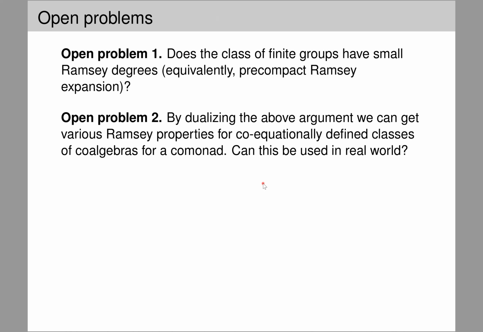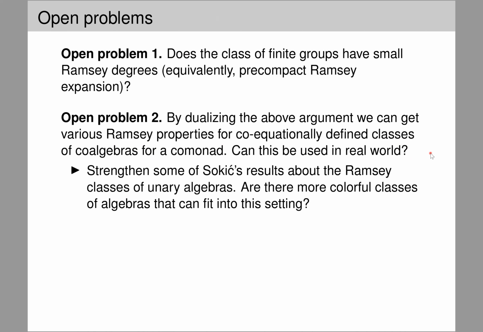Now, can this be used in the real world? I haven't done this properly because I haven't found a reasonable application in the real world. But I would really like to see whether co-equationally defined classes of coalgebras for a comonad do have some real-world appearance.